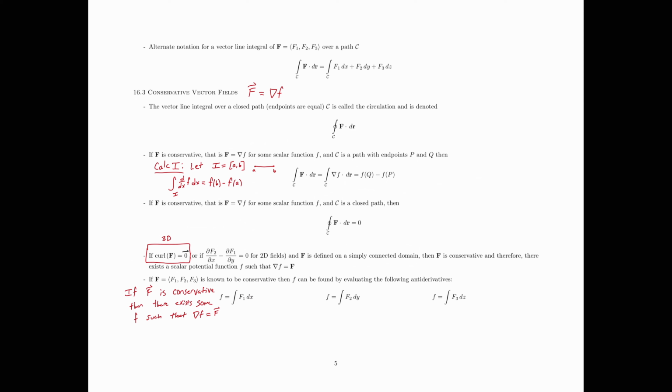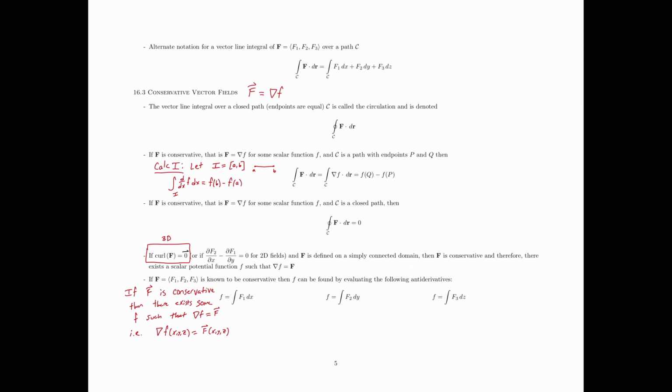So I'm going to go ahead and assume that F is a 3-dimensional vector field, in which case, let me write this out more explicitly, the gradient of a function of 3 variables equals the vector field capital F, which is also a function of 3 variables. So whatever your field is, 2-dimensional, 3-dimensional, that's how many variables your scalar potential function, little f, has.